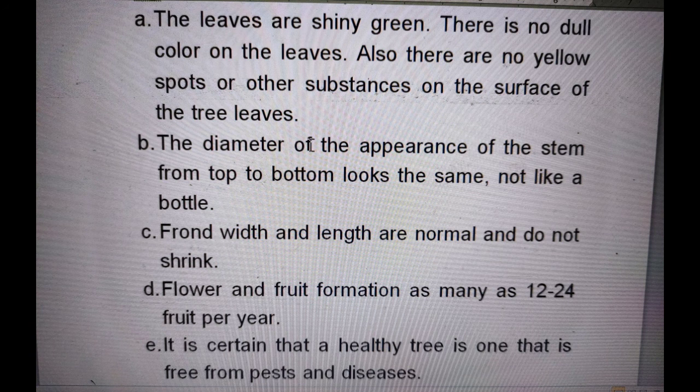Frond width and length are normal and do not shrink. 4. Flower and fruit formation of as many as 12 to 24 fruits per year. 5. It is certain that a healthy tree is one that is free from pests and diseases.